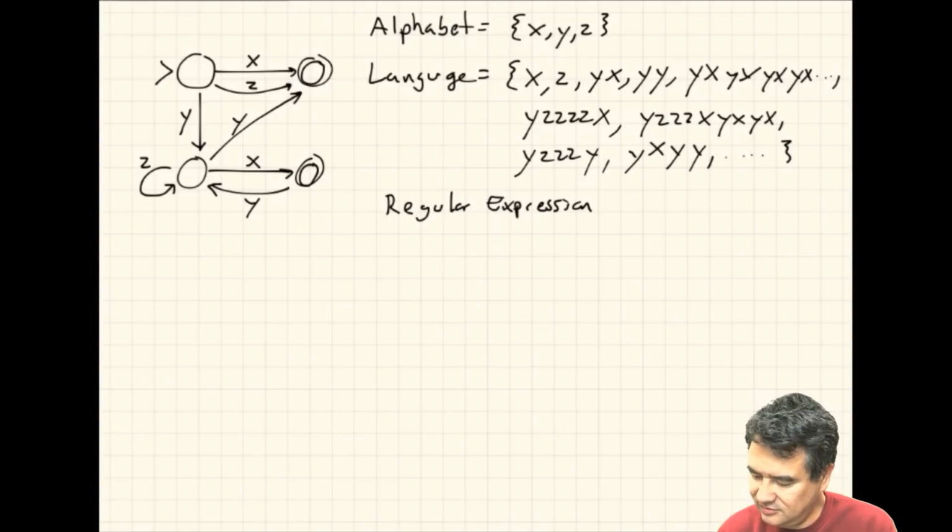I can take off the parentheses. X or y. Oh, sorry, not y. Z. So that covers the top two. Or y, z star, y. Okay, that covers this case.